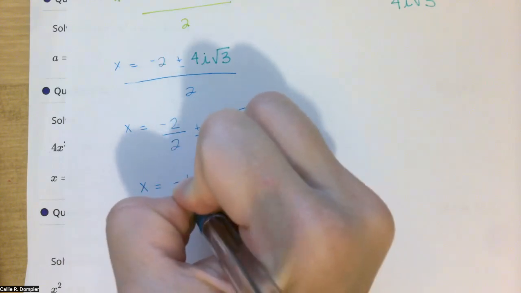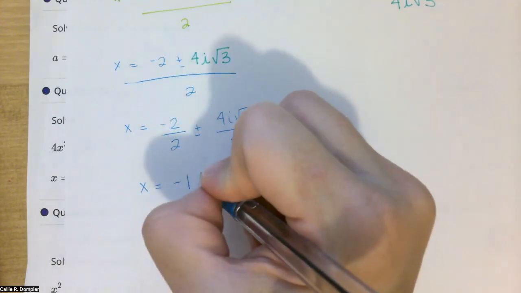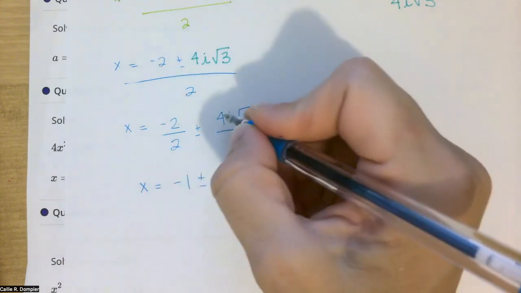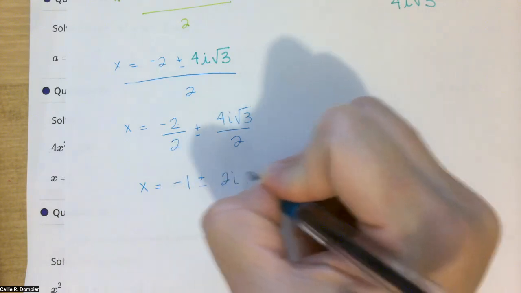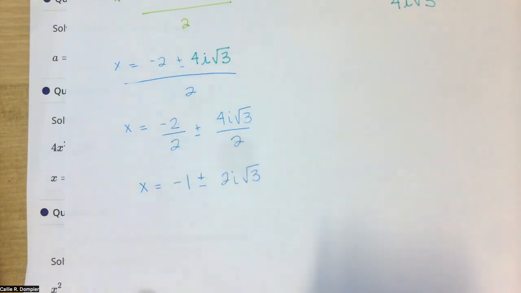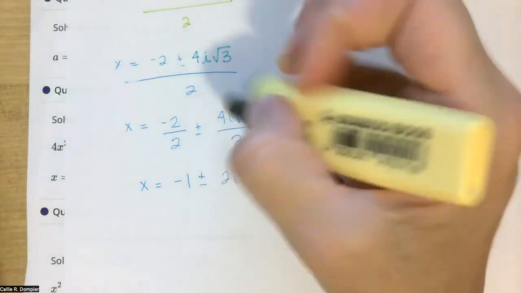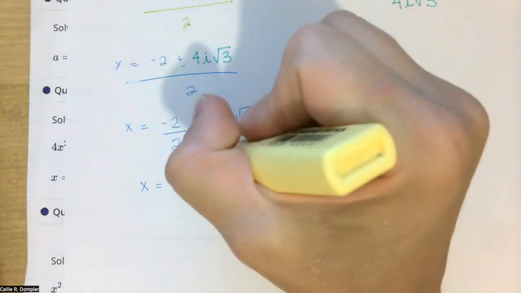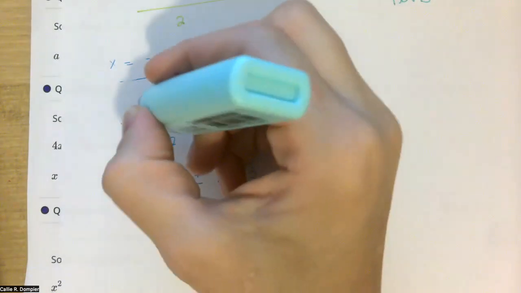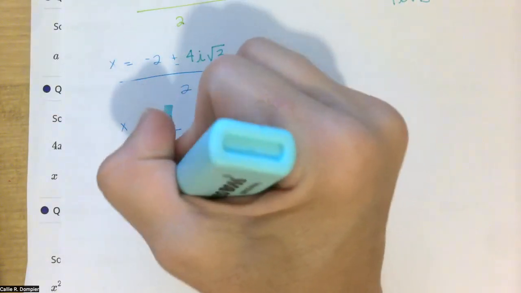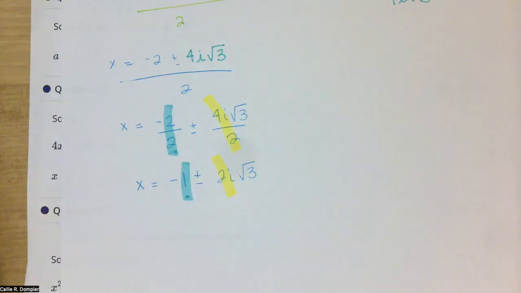So x is negative 1 plus or minus 4i divided by 2 is 2i square root 3. So 4i divided by 2 becomes 2i. Negative 2 divided by 2 becomes negative 1. Good. All right, so our final answer is negative 1 plus or minus 2i square root 3.